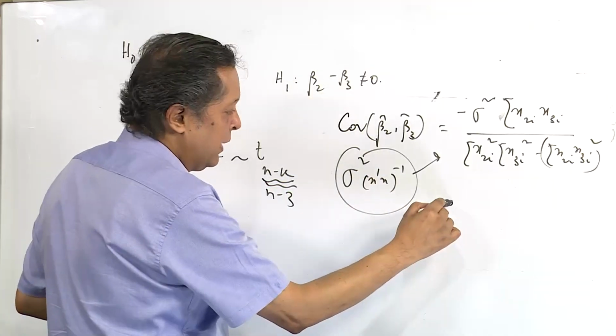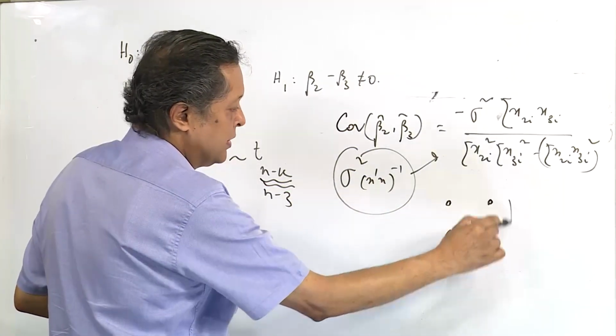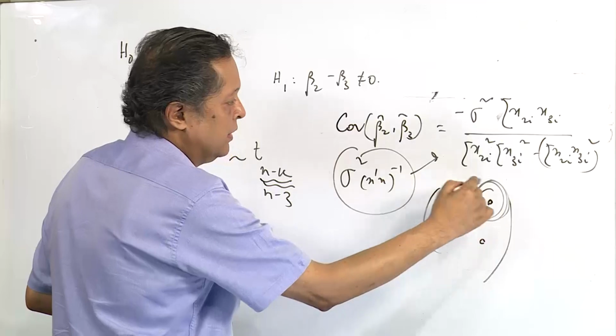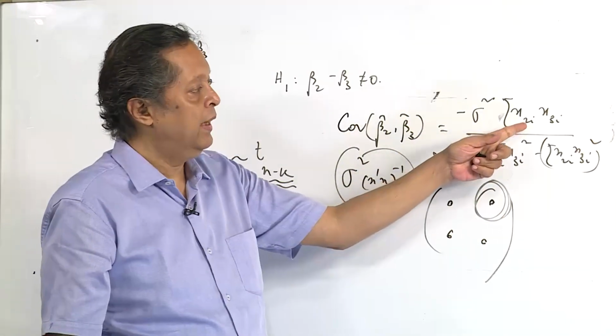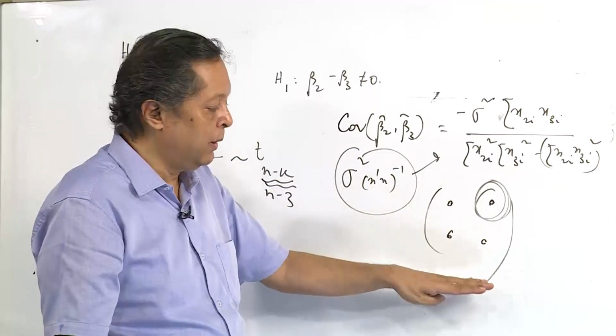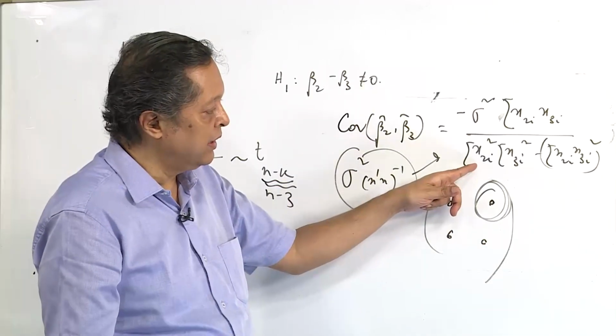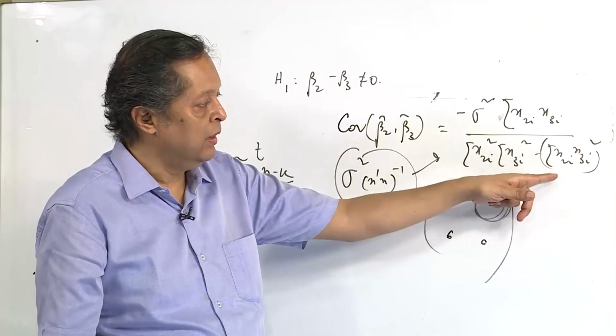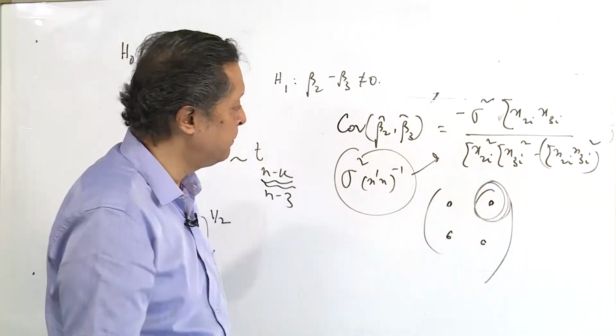X prime x inverse matrix had 4 elements. This element over here was minus summation x2i x3i, and all this was divided by the determinant. That determinant is summation x2i square summation x3i square minus summation x2i x3i whole square.